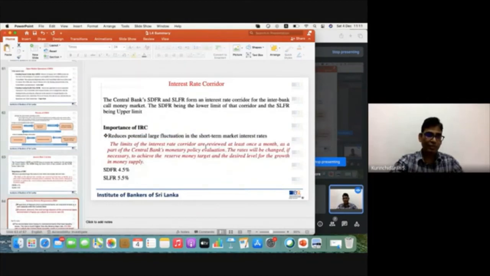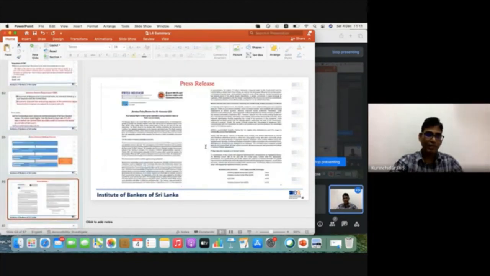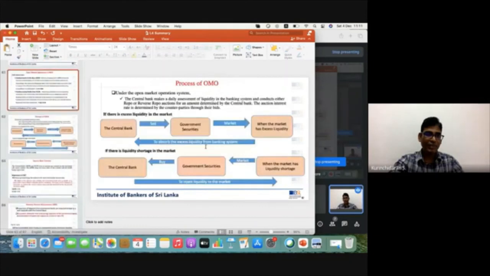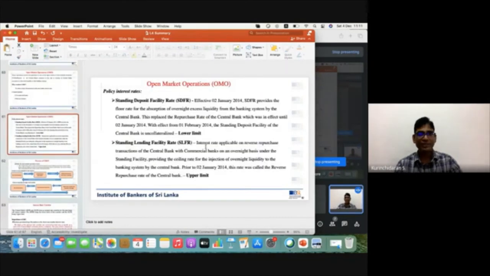You might have heard a name called the interest rate corridor. So the market interest rate, the money market interest rate, will go in between. Why? Let's assume a bank has excess money. They have two options.